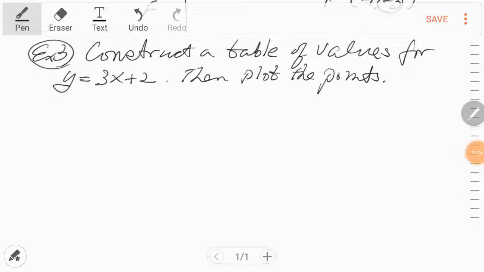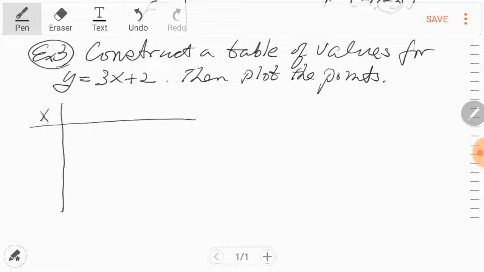Okay, example 3 is about plotting points for an equation. So let's first construct a table of some points of x and y. Let me draw a little table.